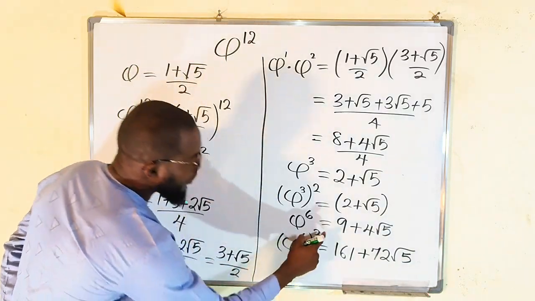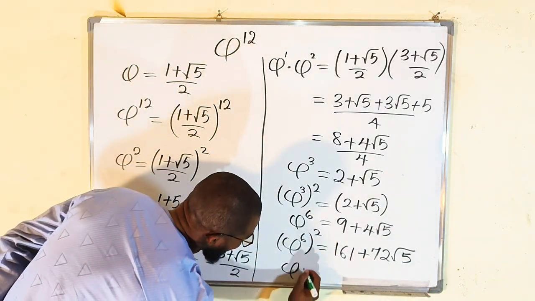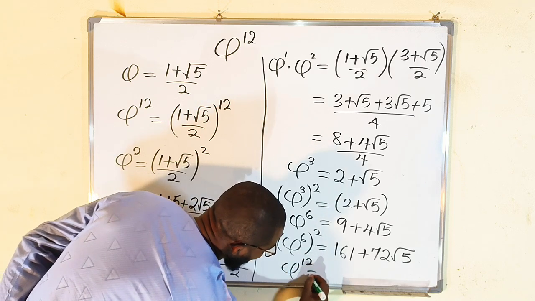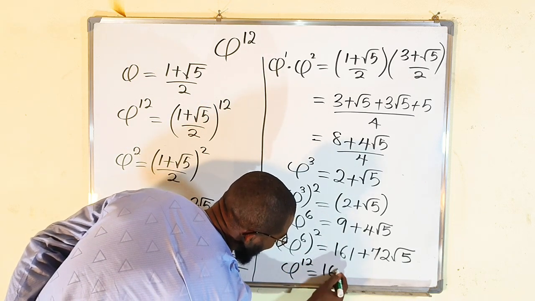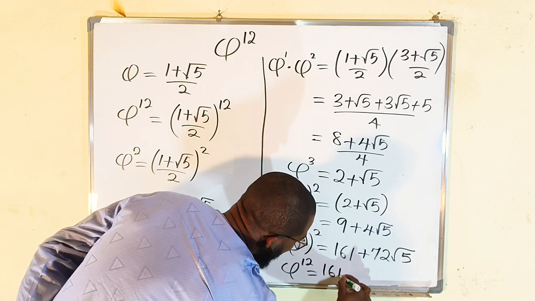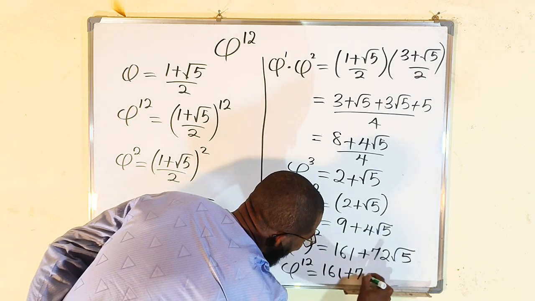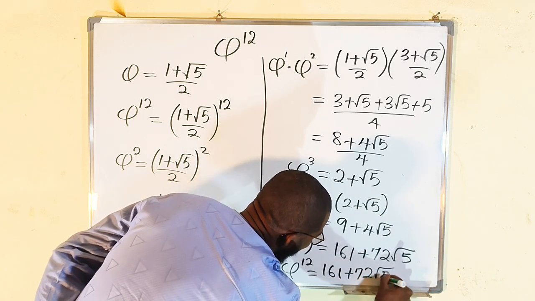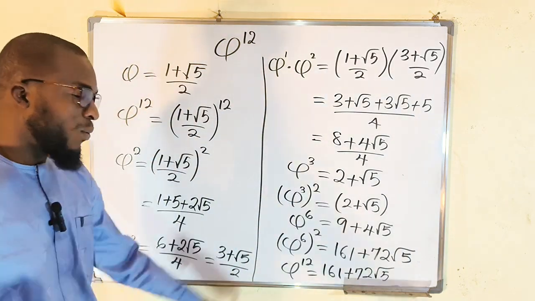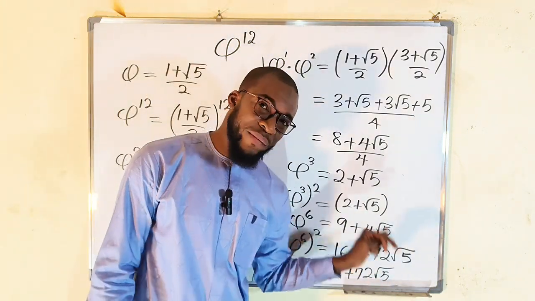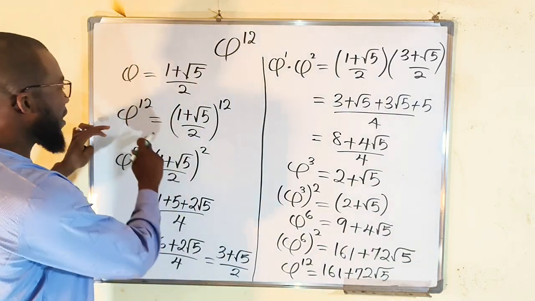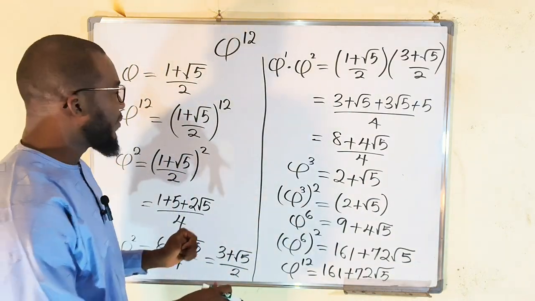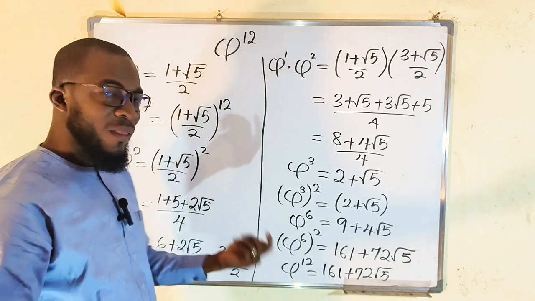I can say that the golden ratio to the power of 12, as required, is equal to 161 plus 72 root 5, and this is our final answer. 161 plus 72 root 5 is exactly the same thing as taking the golden ratio to the power of 12, which is this one, right?